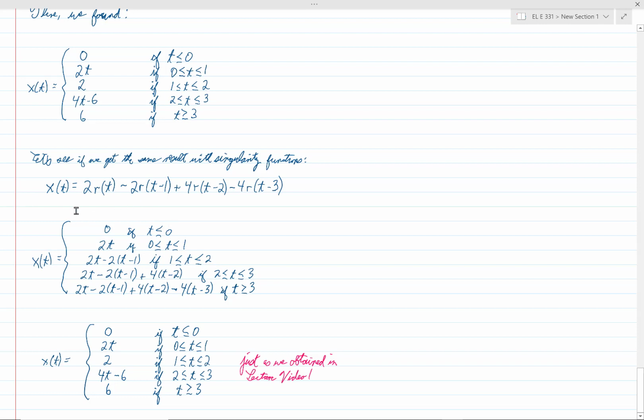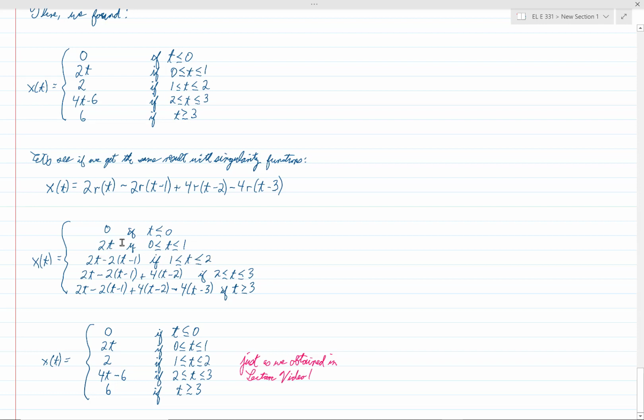Now, we're going to turn these on one term at a time, just as we did before. So when t gets between 0 and 1, all these terms will still be turned off, but the first one will turn on. So we have 2 times, and remember r of t is t, so 2t when t is between 0 and 1.